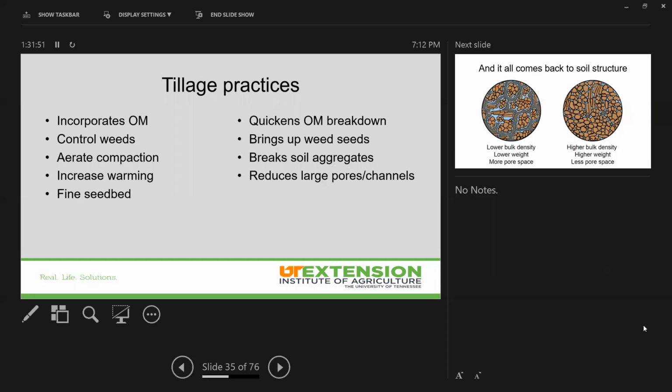So tillage does help to incorporate organic matter, does help to control the weeds. It aerates, and I think it compacts. I'm going to disagree with that with my own people here. I think it causes compaction. It does do some aeration, but it breaks down those particles really fine, and then you get compaction.